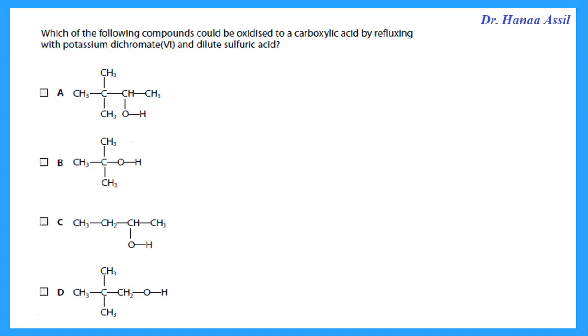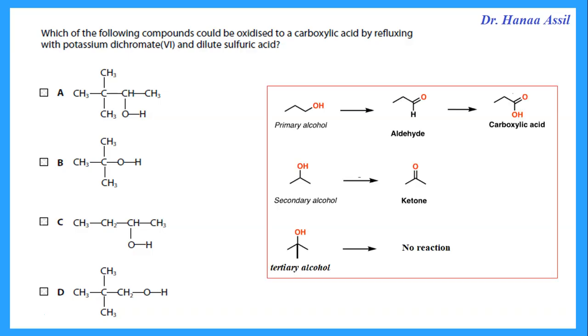Which of the following compounds could be oxidized to a carboxylic acid by refluxing with potassium dichromate and dilute sulfuric acid? So we want to choose which one can form an acid. And remember, we said the one that can form an acid has to be a primary alcohol. Secondary will not form acid, tertiary will not react at all.